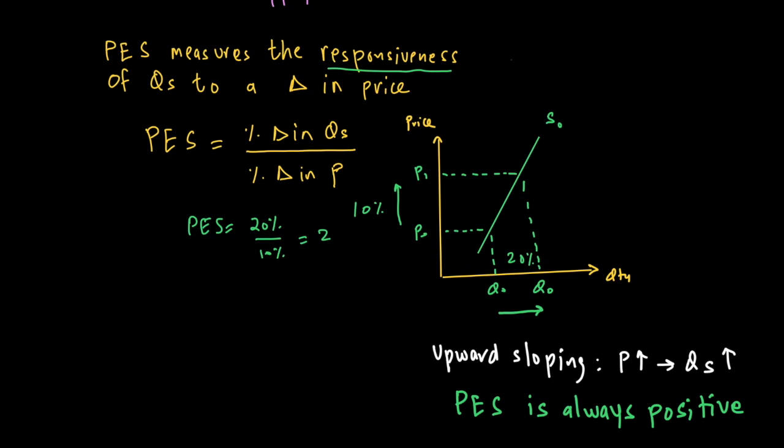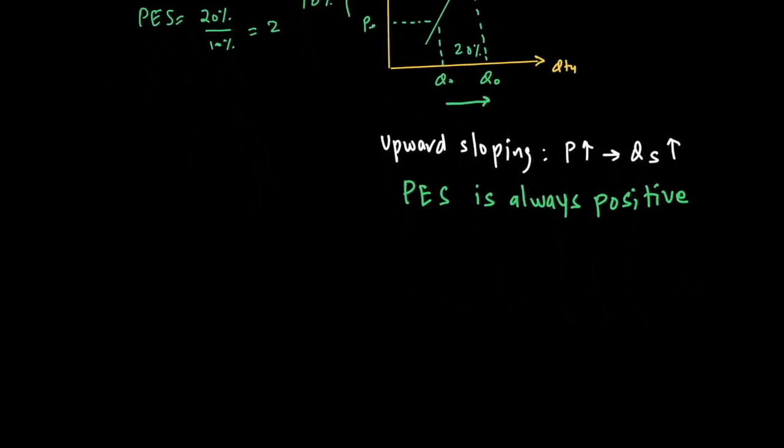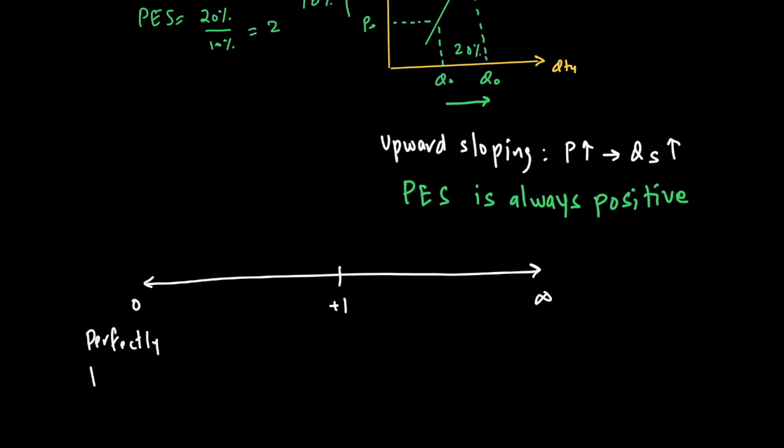So when we look at PES, the value of PES is always positive. But we also say that the value of PES ranges from 0 to infinity. If you are looking at a value of 0, we call it perfectly inelastic supply.